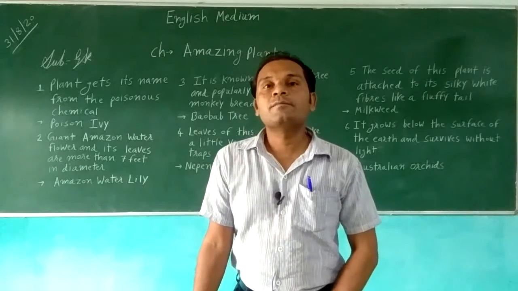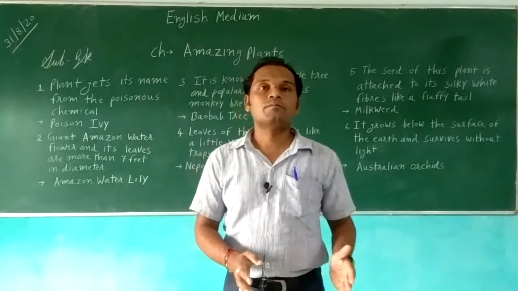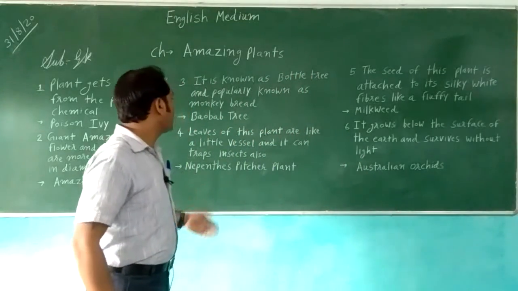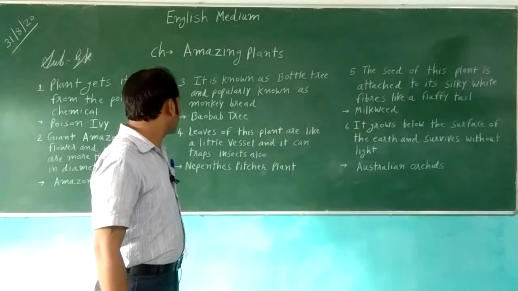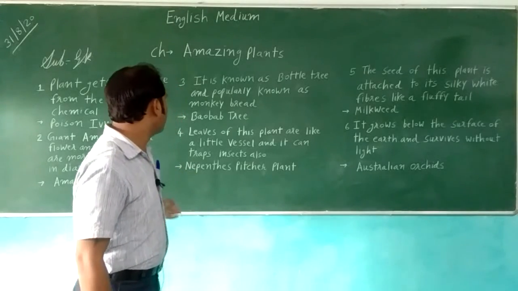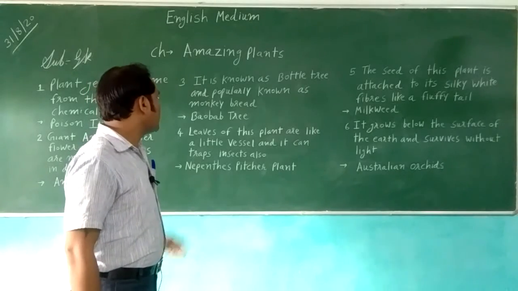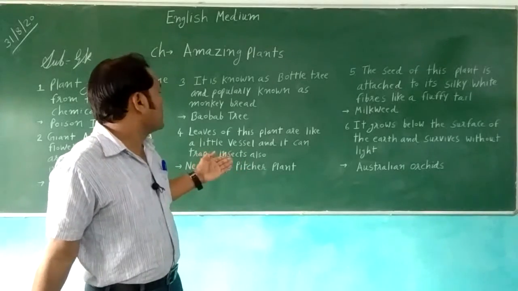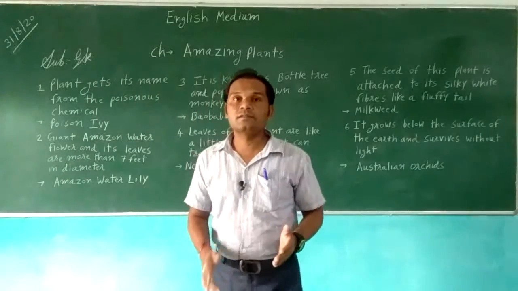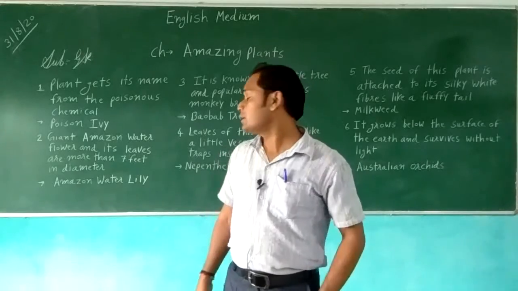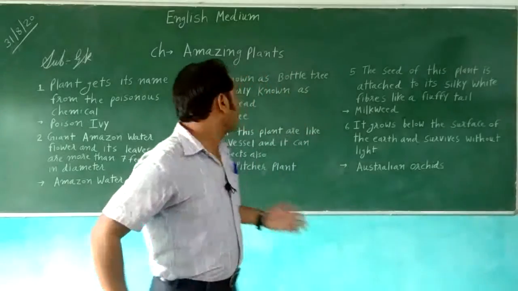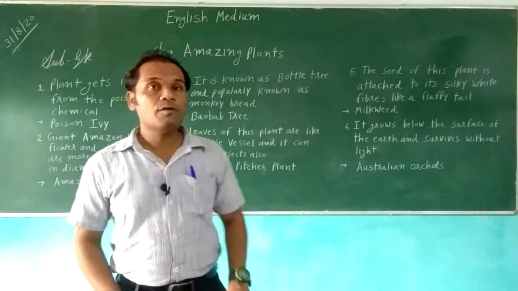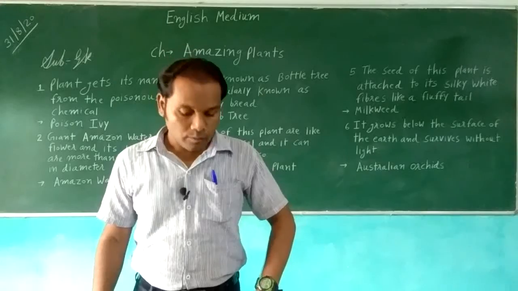It can trap insects with liquid. It is the Nepenthes pitcher plant. It can trap insects which are moving around the plant, and its leaves are vessel-shaped. So this is one of the different plants.